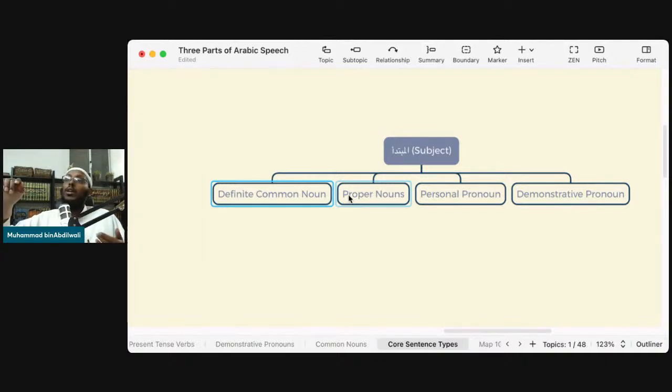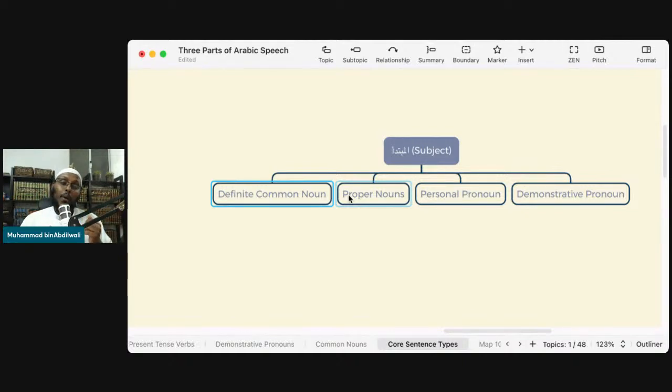It's a noun that, like we said in the last lesson, applies to a wide range of things in the real world. So when Musa alayhi salam said to his people, "Idbahu baqara," slaughter a cow, that command from Allah to Banu Israel, it applies to any cow that they could have found. So a common noun is something that is not specific.